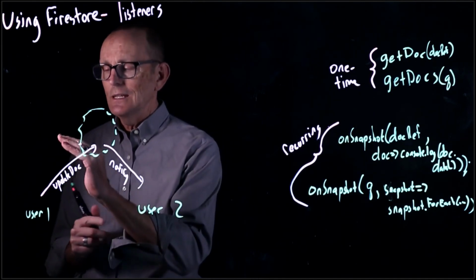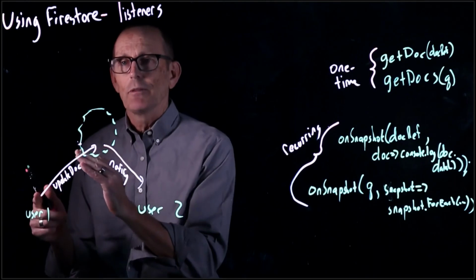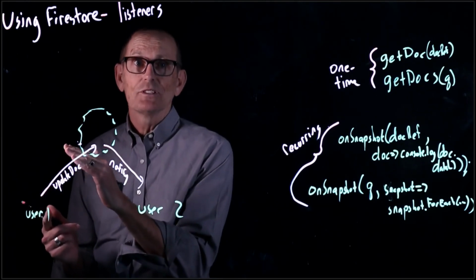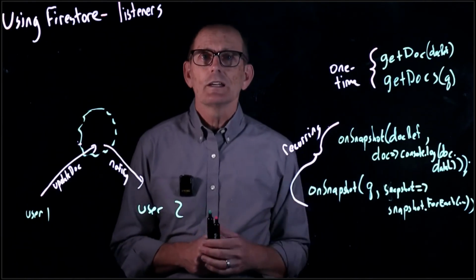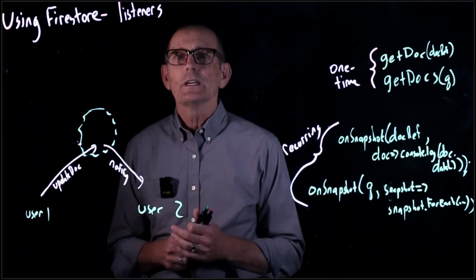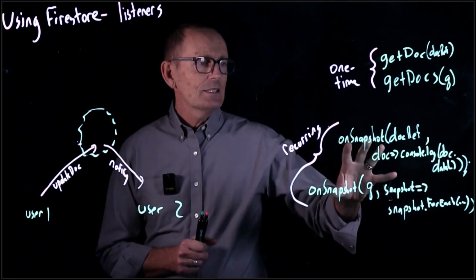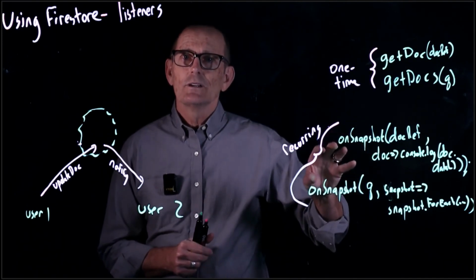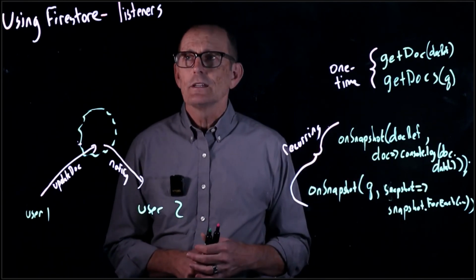So given that's the case, the SDK can't rely on the listener calling back from the cloud because it might not have actually been able to contact the cloud. That's another reason why it does this calling of the listeners locally without waiting for the notification from the cloud. This is the way you're normally going to be using Firestore, is with these snapshots.